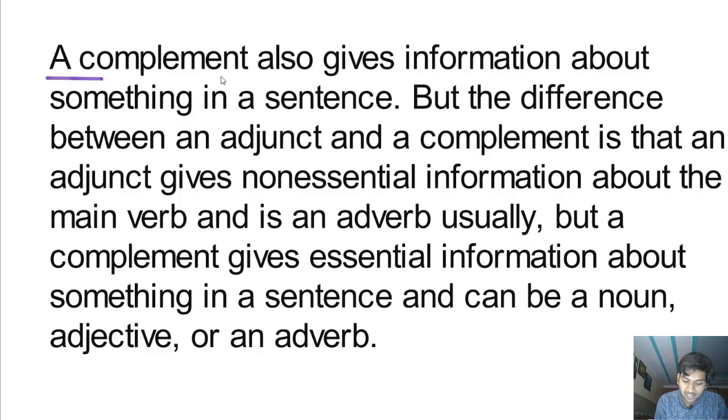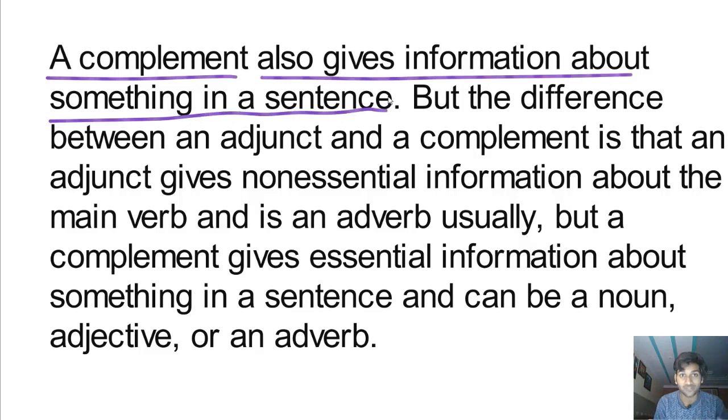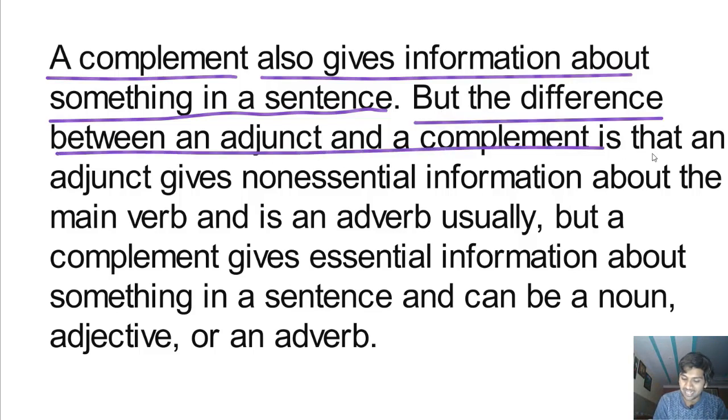A complement also gives information about something in a sentence, so it is also a modifier. It doesn't have to be a modifier all the time, right? But it can be a modifier. So a complement gives information about something in a sentence, but the difference between a complement and an adjunct is that an adjunct gives non-essential extra information about something in a sentence, generally a verb, can be a noun as well.